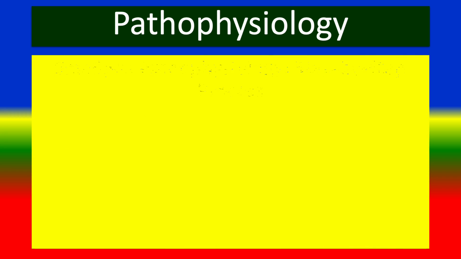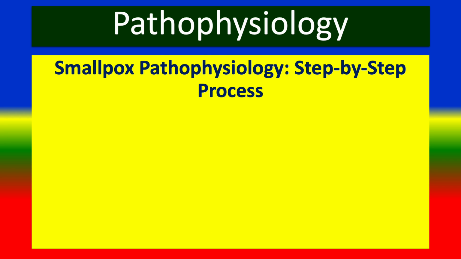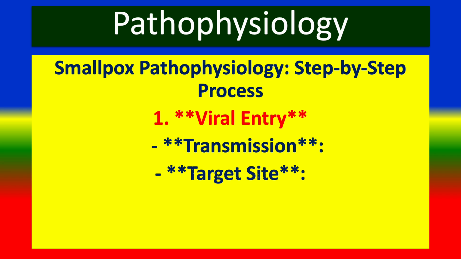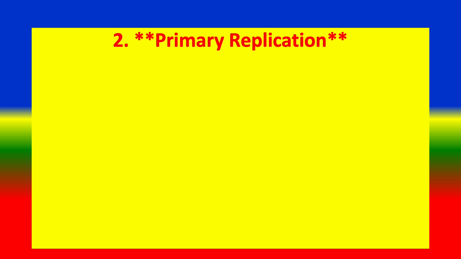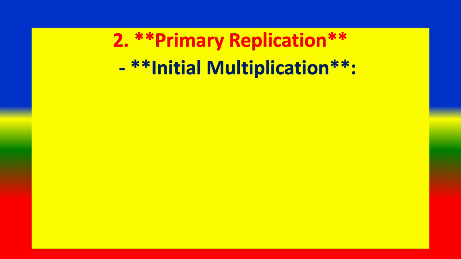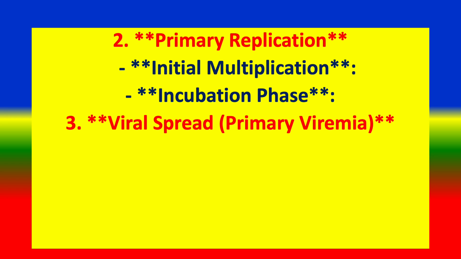Pathophysiology: smallpox step-by-step process. 1. Viral entry, transmission, target site. 2. Primary replication, initial multiplication, incubation phase. 3.